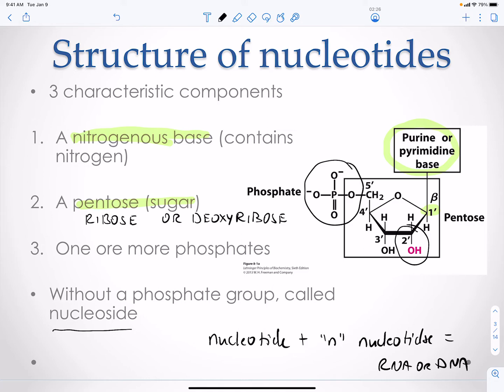And so they are, of course, going to be very important in transmission and storage of biological information, which is the function of DNA. RNA is going to have a much broader function, so there's going to be different classes of RNA, which we'll talk about, are ribosomal RNA, messenger RNA, and transfer RNAs. In addition, RNA can actually be enzymes. So ribozymes are types of RNA.